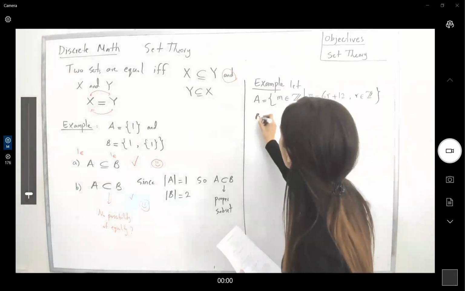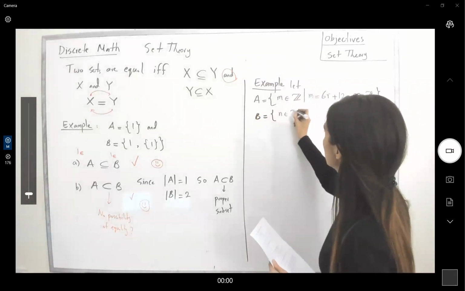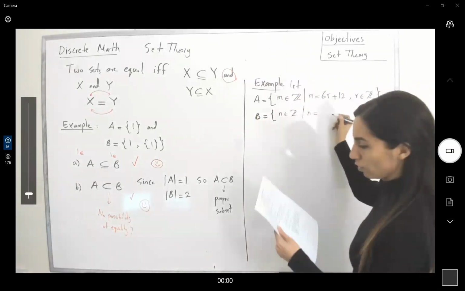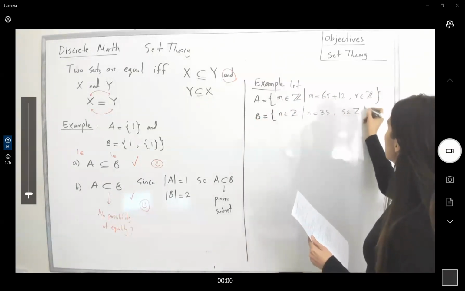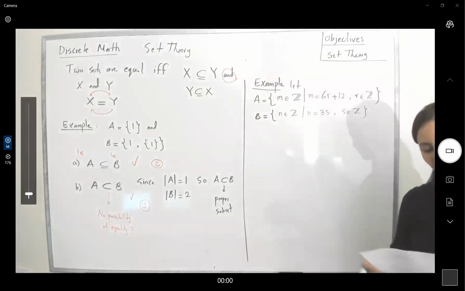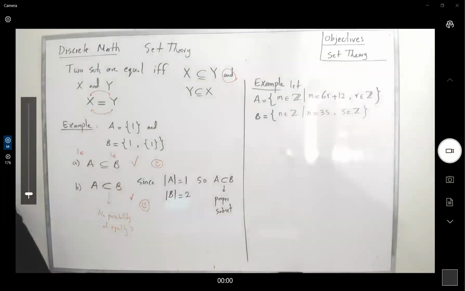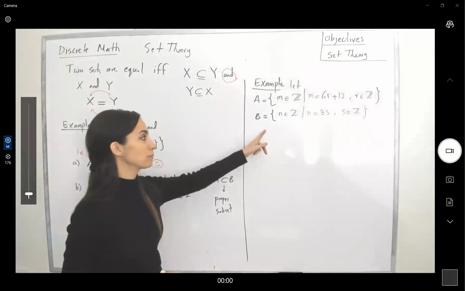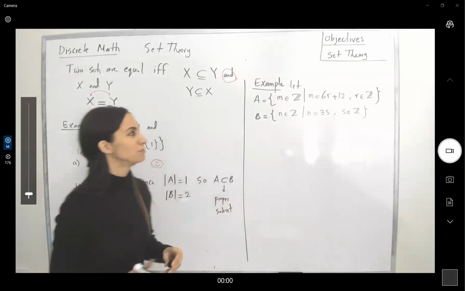B is defined as the set of all integers N such that N is equal to 3S, and S is some integer. Very well. What's the relation between A and B? Is A a subset of B? Is B a subset of A? Are they equal to each other?